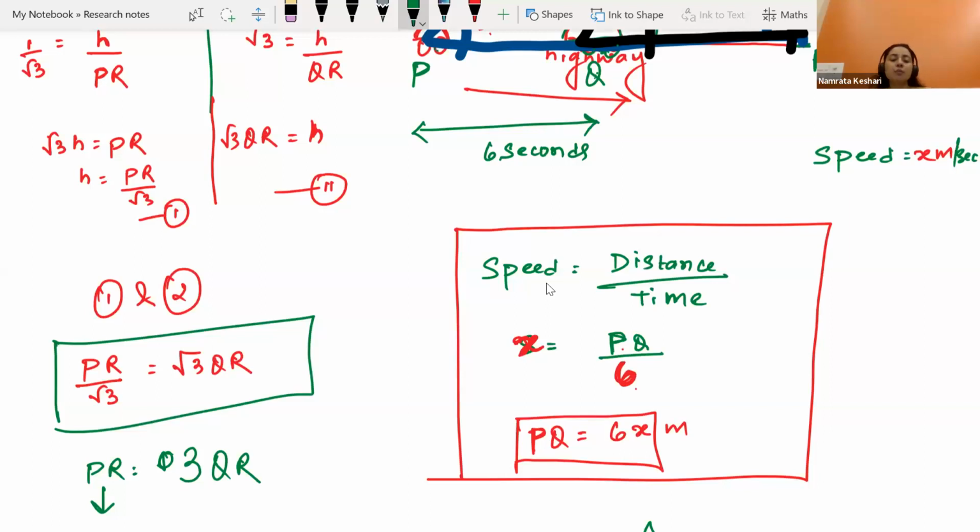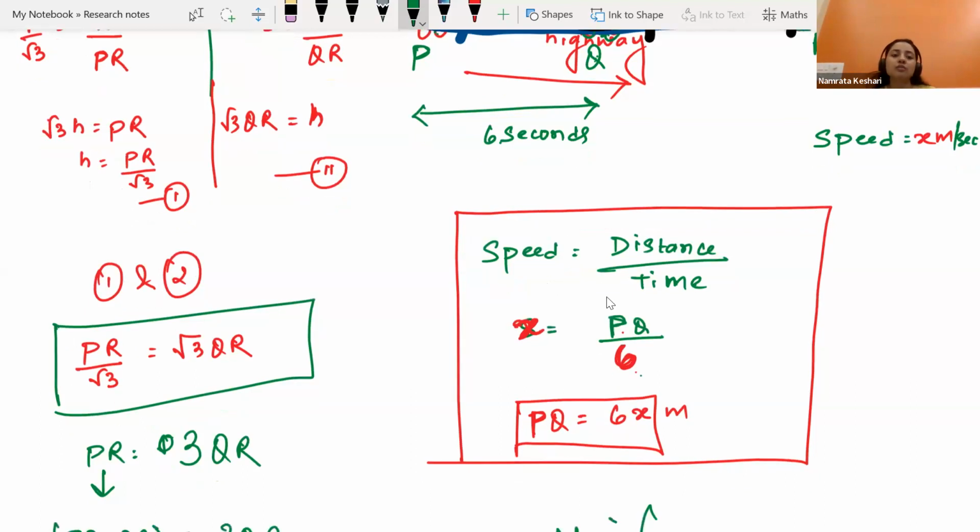Uniform speed is mentioned in the question, which means throughout the journey the car's speed does not change. So speed is x meters per second, distance is the PQ distance, and time is 6. So from here we are getting that PQ is 6x. Distance from P to Q is 6x. We have found it in terms of speed, but we are keeping it as it is.